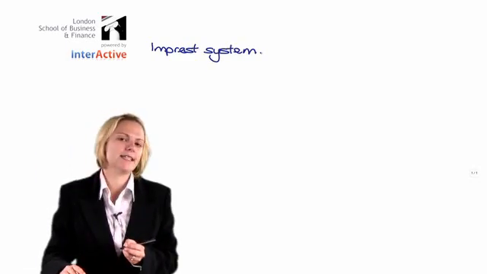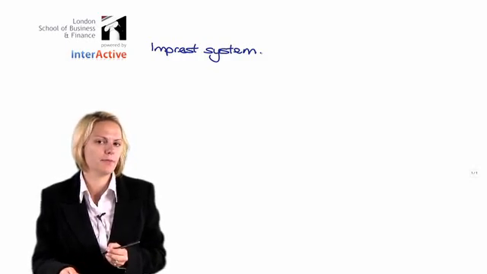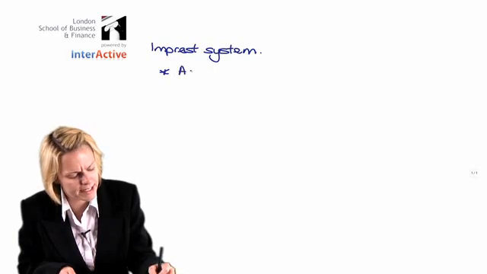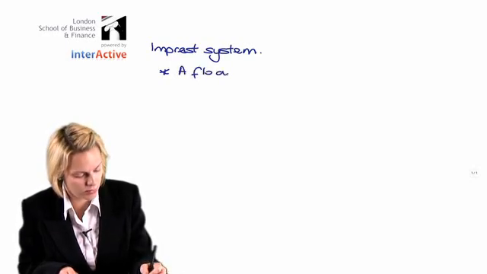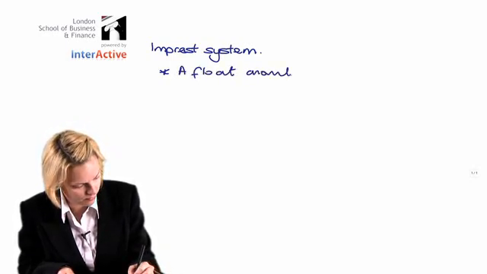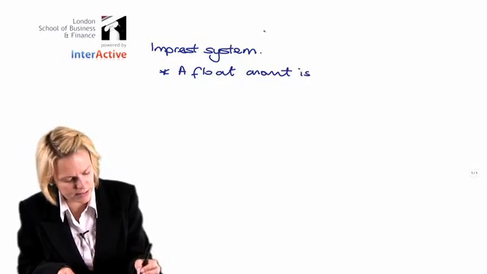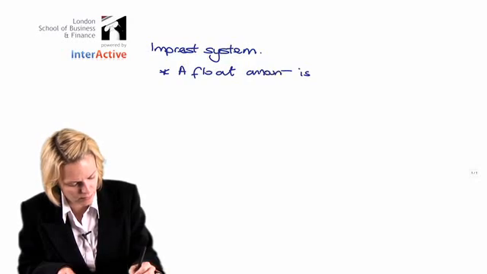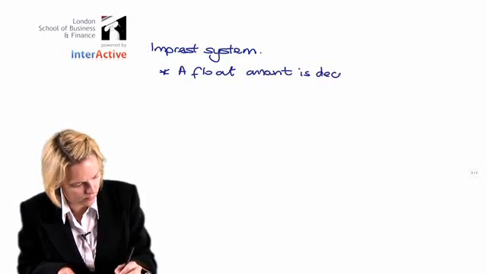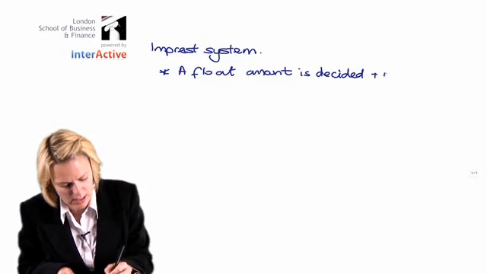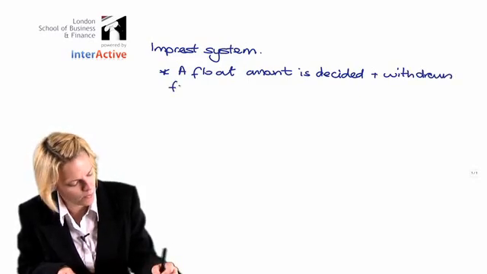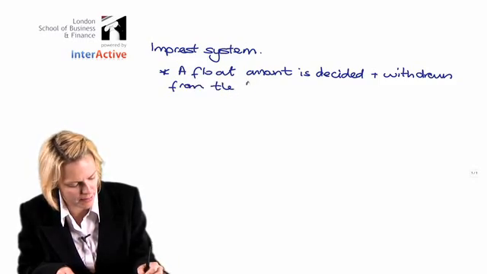Okay, an imprest system for petty cash. Well, what we say with an imprest system is that a float amount is decided and withdrawn from the bank.